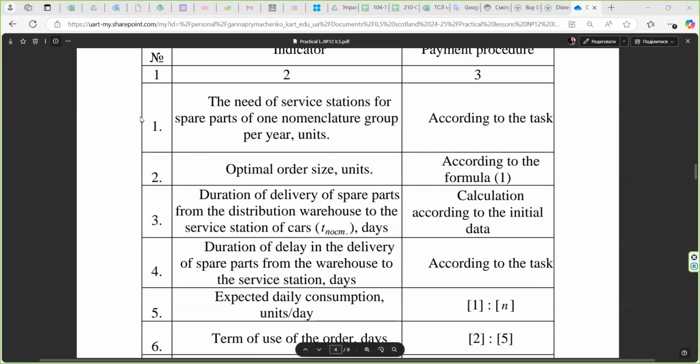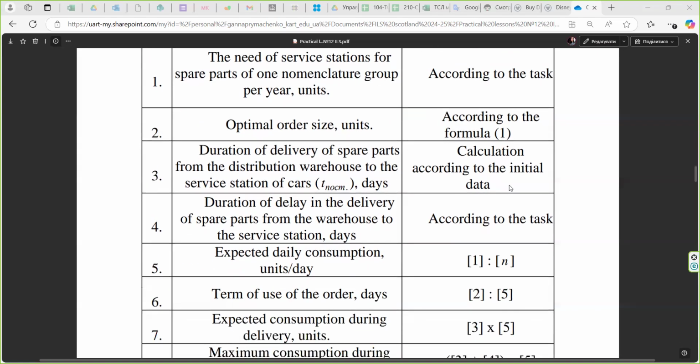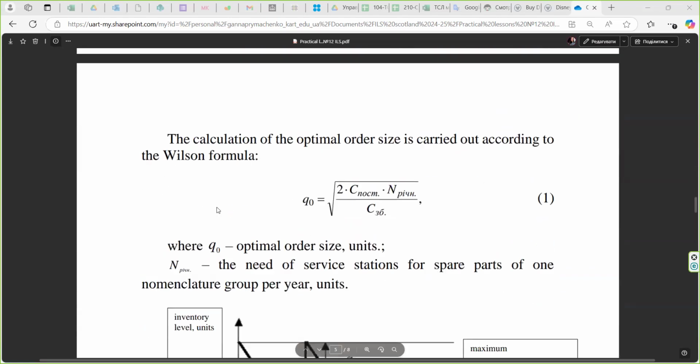Okay, the first step we find, yes, you're already right, how many it is. Our next step is our formula number 1. I open this formula for you. It is Q with index 0 is equal to the square root, and we use these parameters.